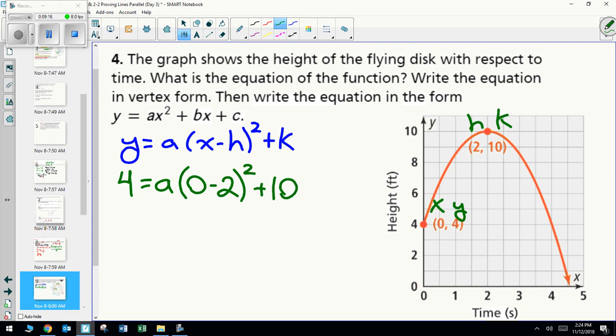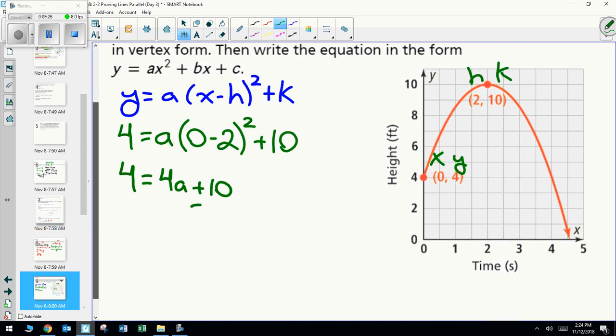Solving for a, I get 4 equals -2 squared gives me 4a plus 10. We're going to subtract 10 from both sides and get -6 equals 4 times a.